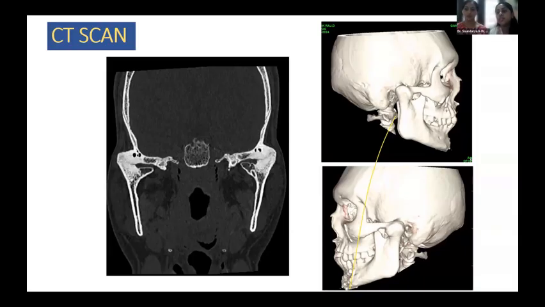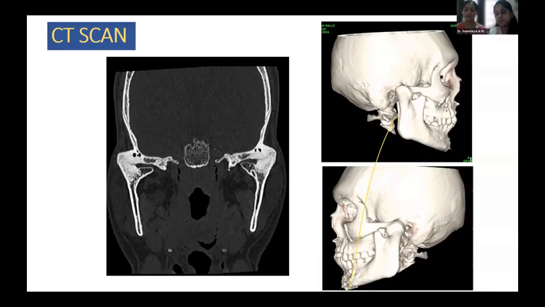It would be better to cover it with some sort of graft material, sir. Either temporoparietal fascia, or we can take abdominal fat, or a silicone graft can also be placed. Silicone sheets, or amniotic membranes are also being used these days. A vascularized flap is available, so that would be the best.